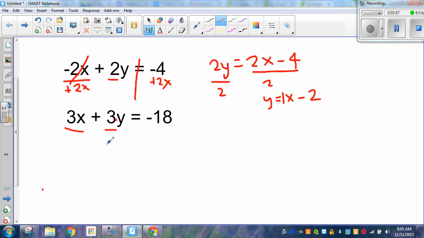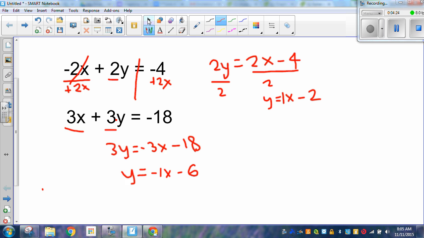If you did it correctly, you should get 3y is equal to minus 3x minus 18. And the last step is to do what? If you said divide by 3, you are correct. Divide everything by 3. 3y divided by 3 is y. Negative 3x divided by 3 is negative 1x. And negative 18 divided by 3 is just negative 6.